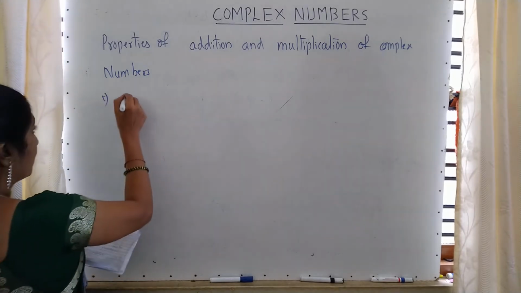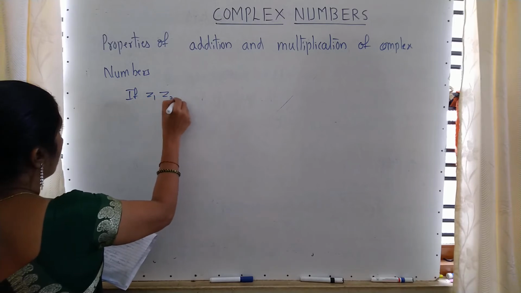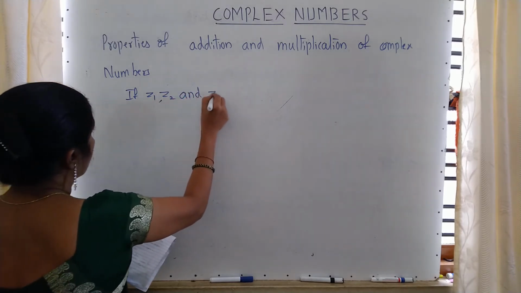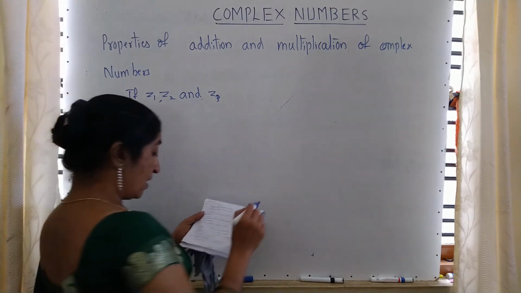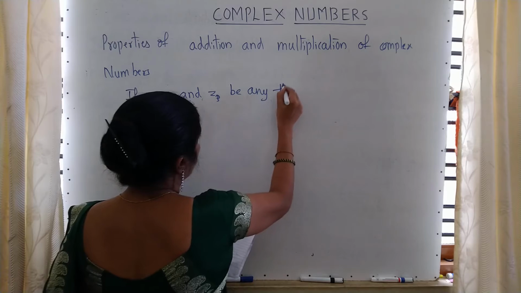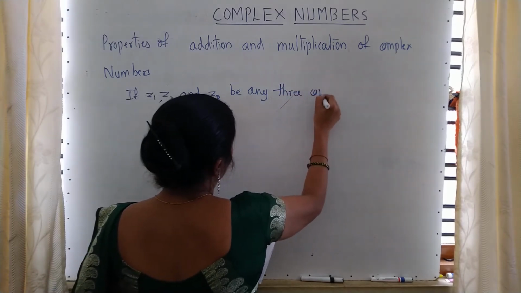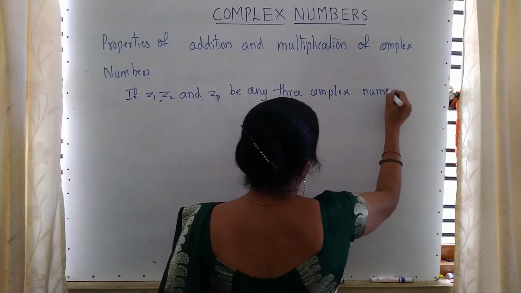First one, sorry, before that, if z1, z2 and z3, I am taking 3 because for associative we require 3, be any 3 complex numbers.